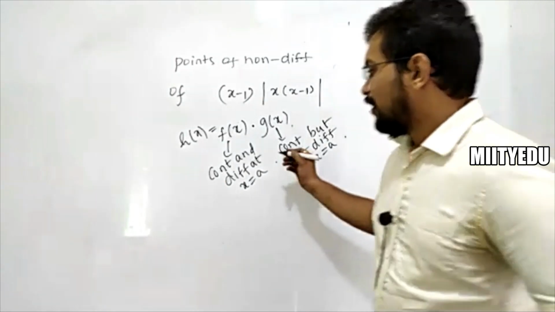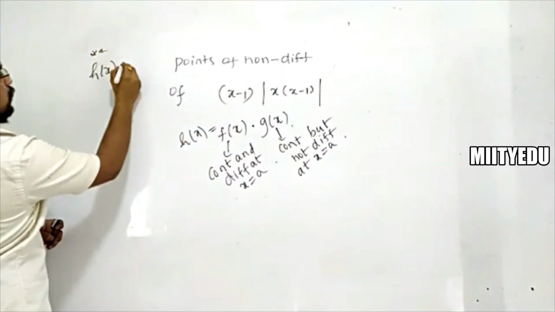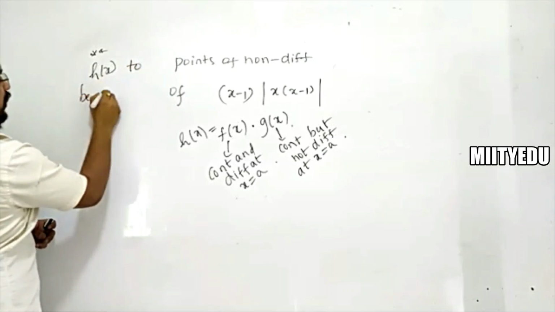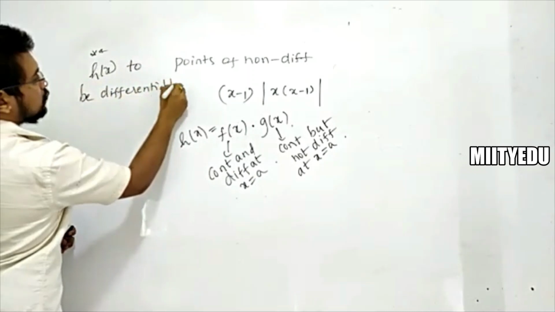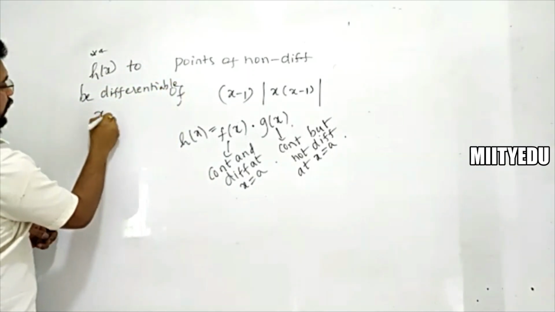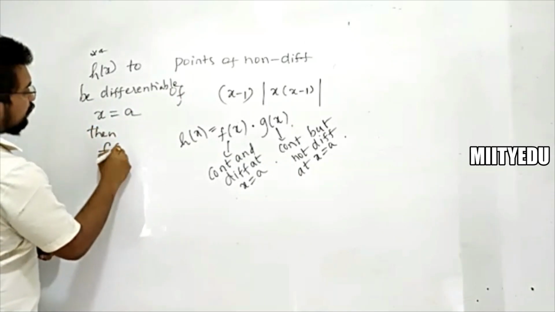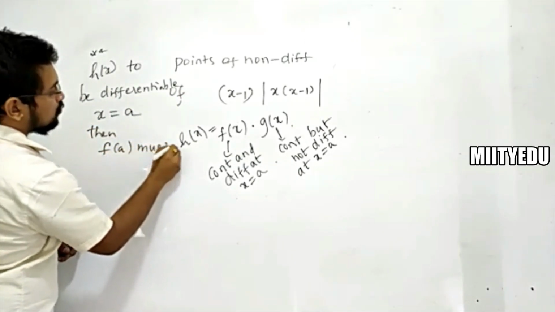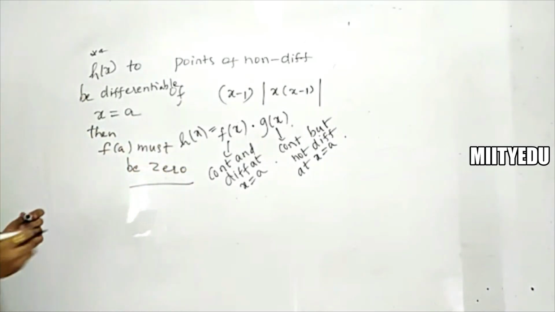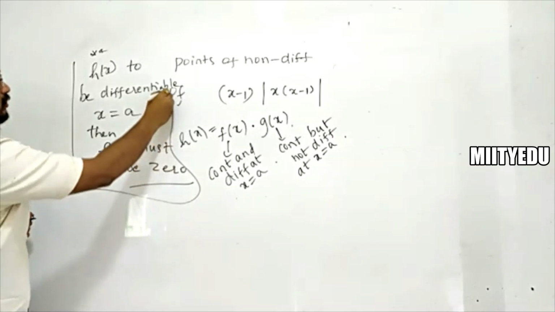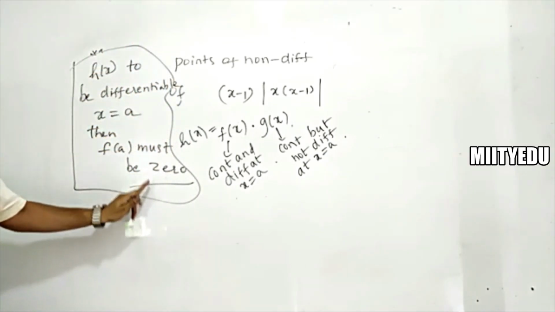Now for h of x, this is a very important statement: for h of x to be differentiable at x is equal to a, f of a must be 0.